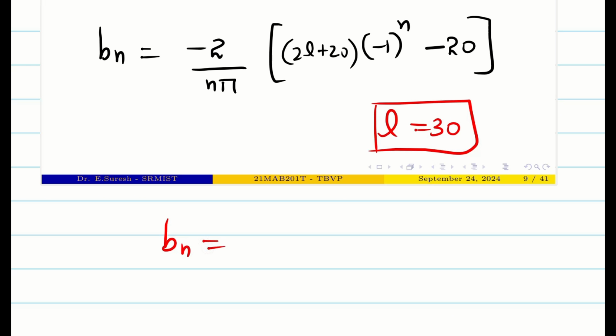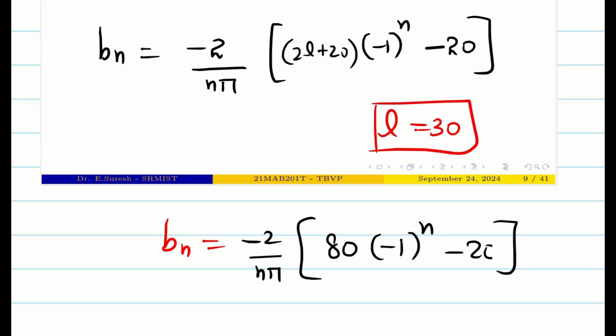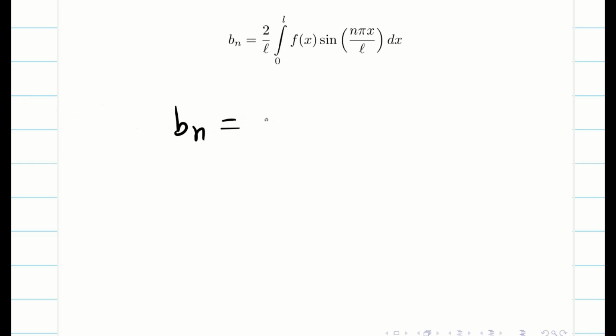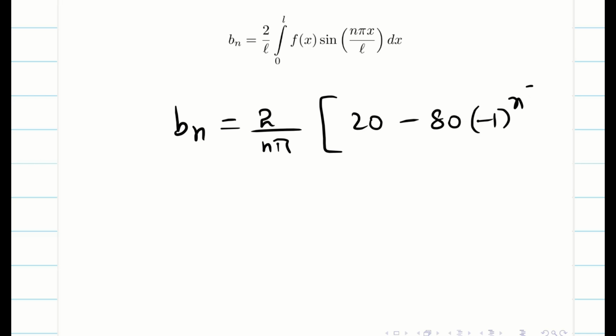Now Bn is going to be minus 2 by n pi. When I put L equal to 30, I'll be getting 80 into minus 1 whole power n, minus 20. Therefore, multiplying the minus inside, we will have 2 by n pi, 20 minus 80 into minus 1 whole power n.